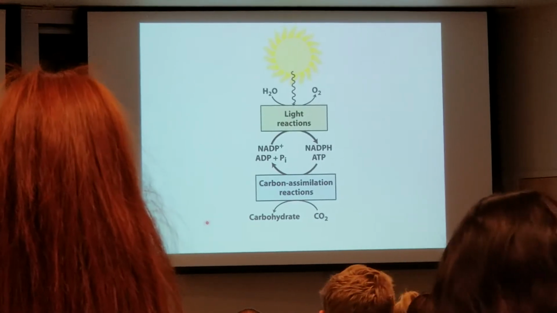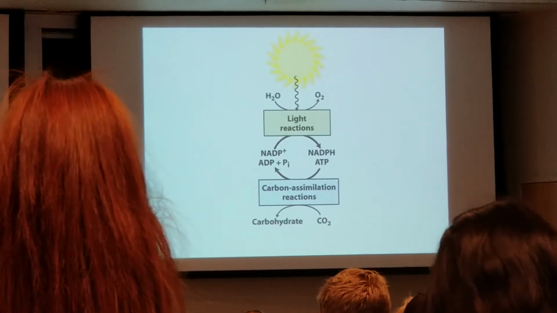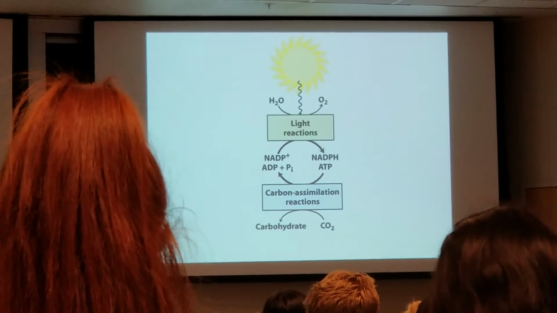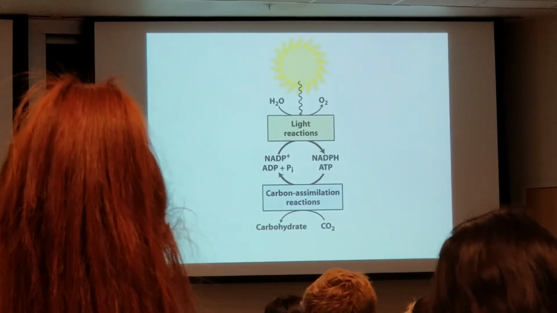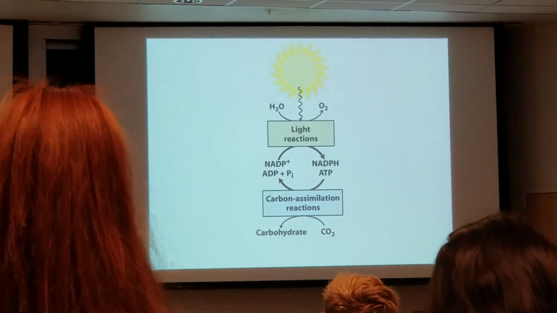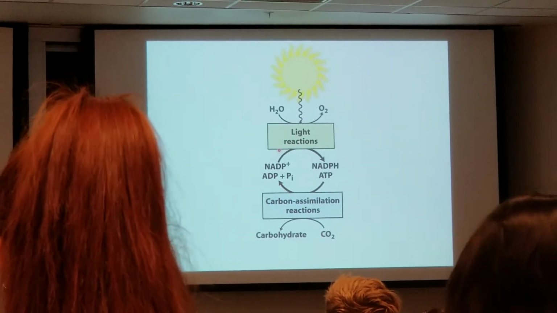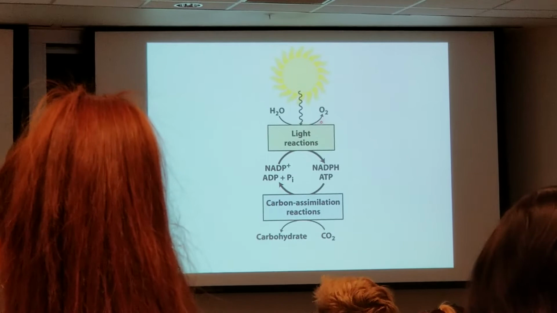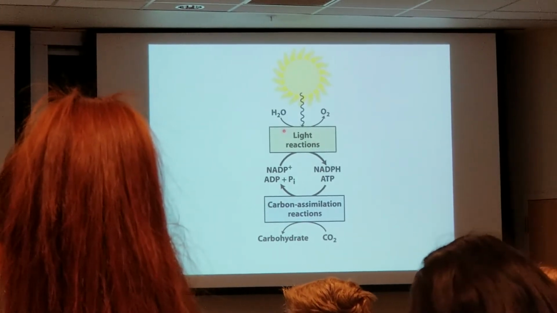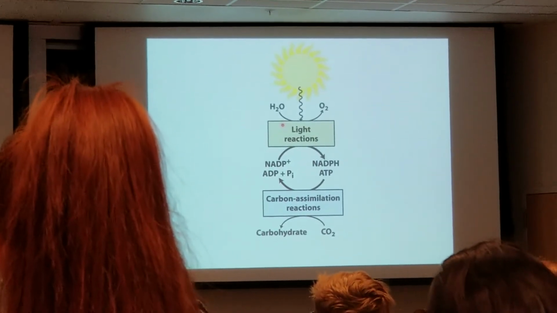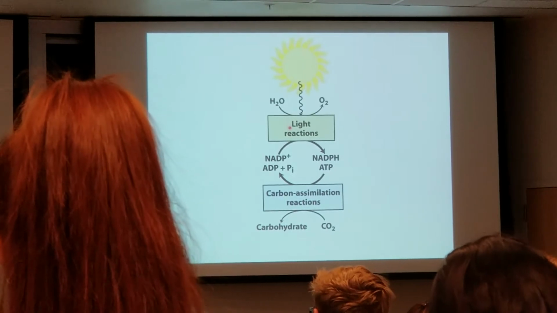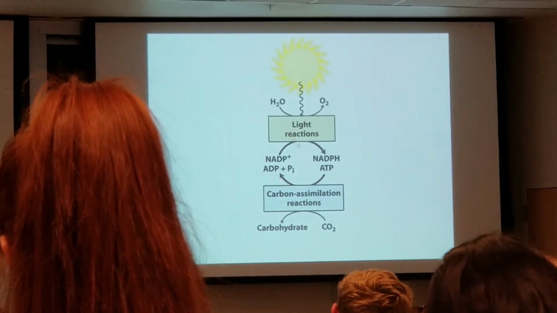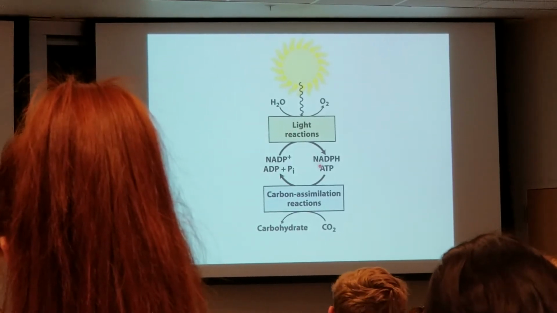So here we have a simplification of what's going on. Energy from the sun is being used to break water down to oxygen. There's a lot of water involved. Now it's shocking. And some of that energy is trapped in the form of NADPH and ATP.